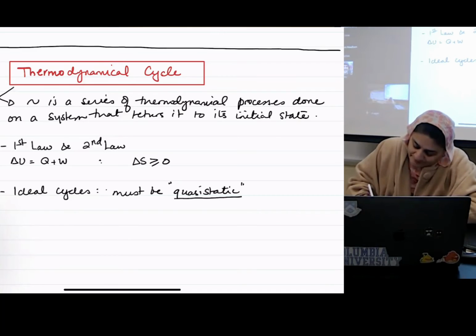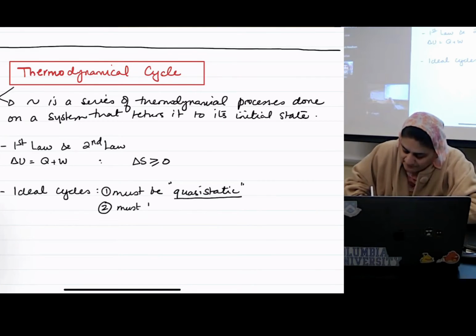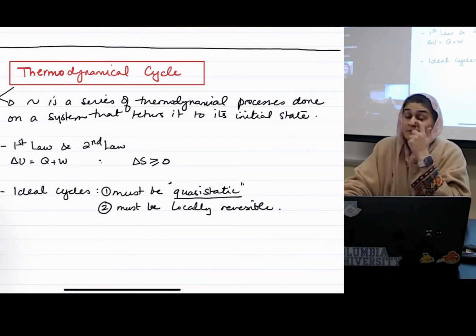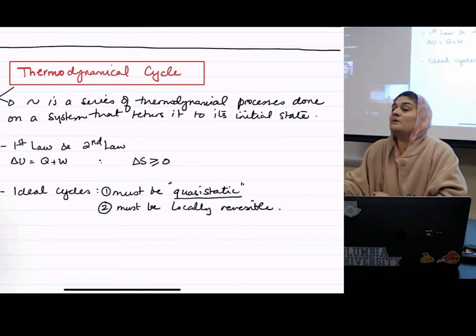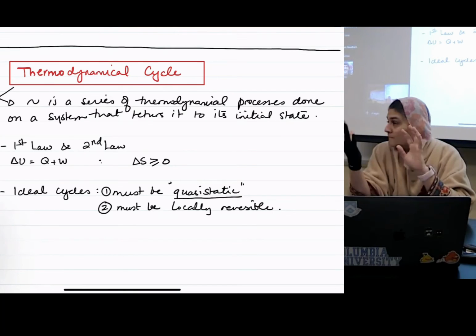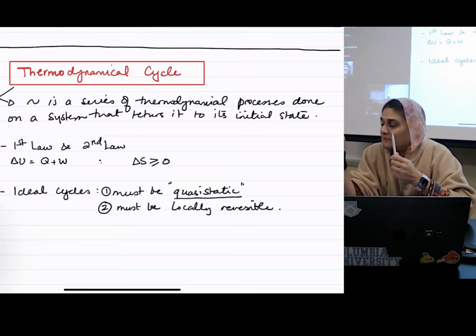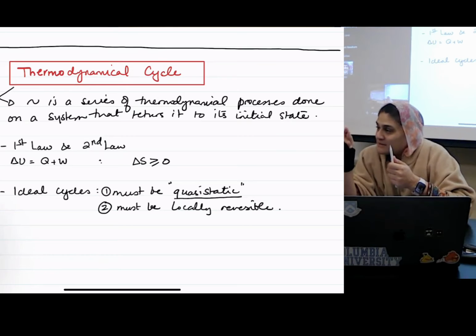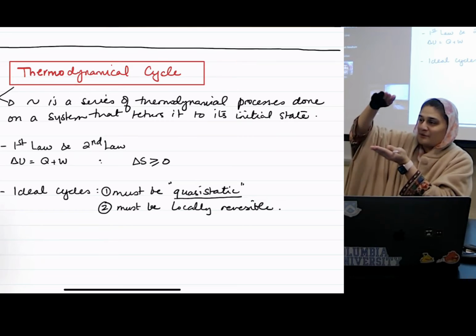Number 2, they must be locally reversible. What does locally reversible mean? Since they're changing slowly, if you were to reverse them backwards, they will slowly come back. Locally reversible means that if in a step they go so slowly, like if you were putting mass on your piston, then if you were to take the same amount of mass off, they will repeat itself.